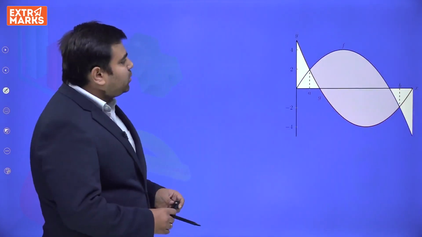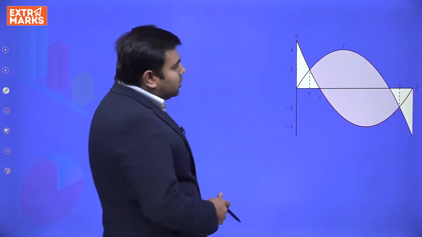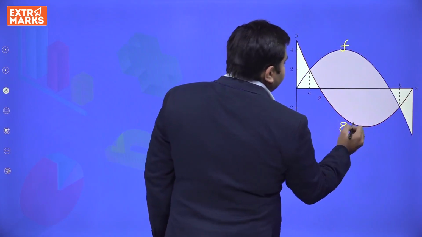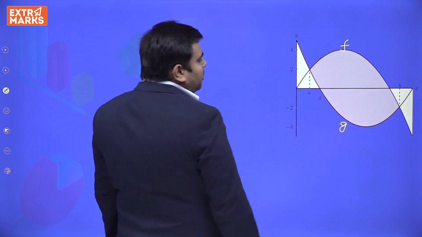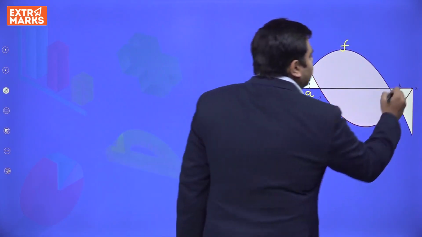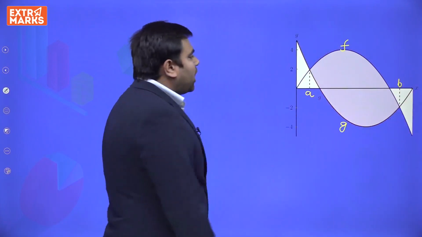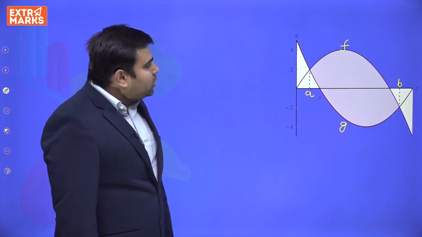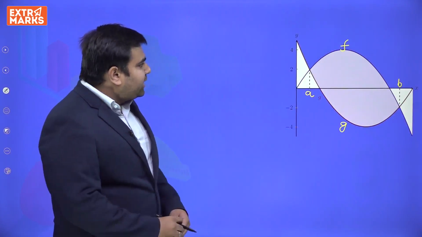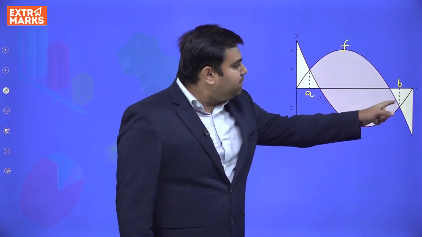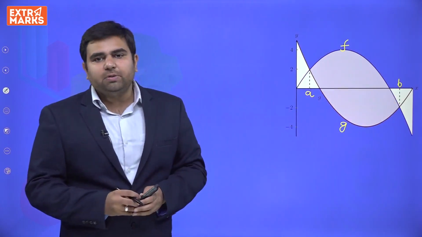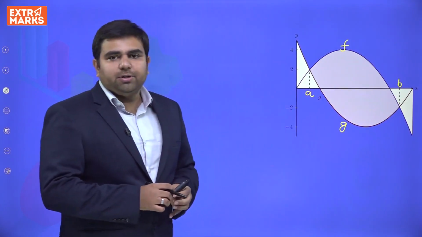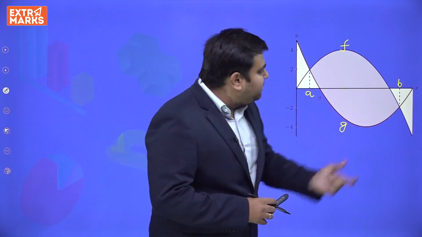So in this case, what would be the area? This curve is f and this curve is g. Now let's say I want to find the area between a and b. Firstly, I need to understand the fact that at a and b, both the curves are intersecting with each other.